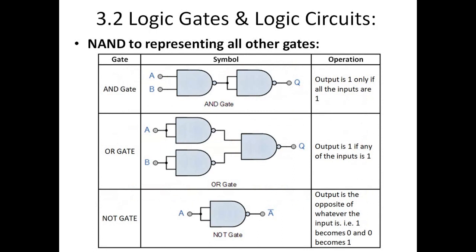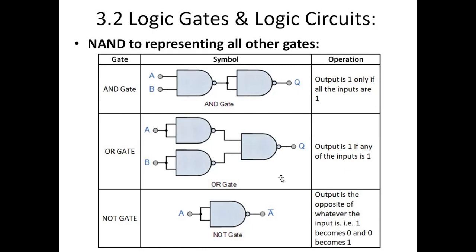Then we have the concept that NAND gate can be used to represent all other gates. If you combine two NAND gates like this, it would turn out to be an AND gate, or it would give you a similar output as an AND gate. If you join three NAND gates in this triangular structure, you are going to get the output of an OR gate, and if you short the two inputs of a NAND gate together, you are going to get a NOT gate.